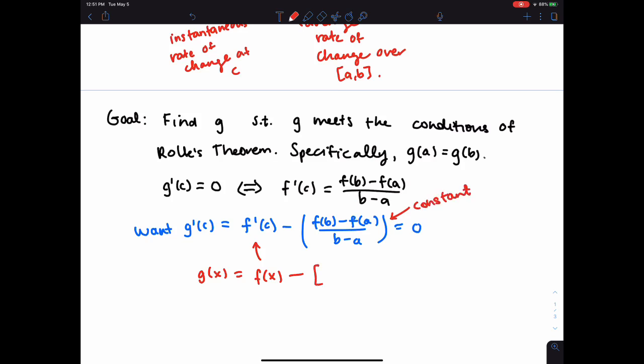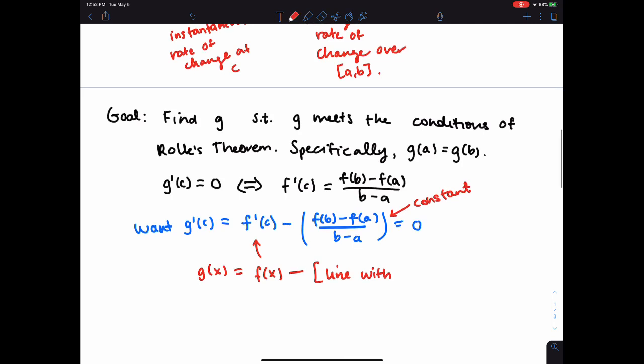So we want to subtract off a line with slope f of b minus f of a over b minus a.